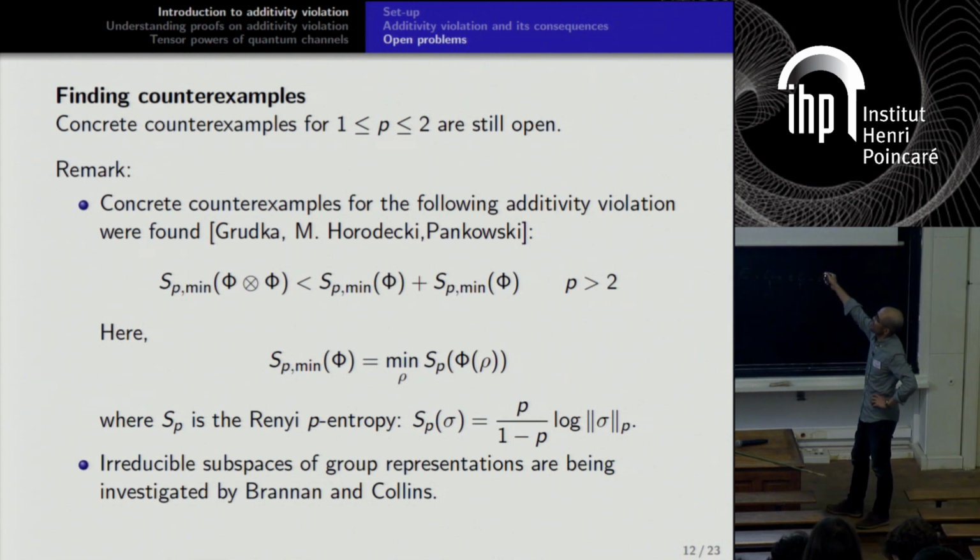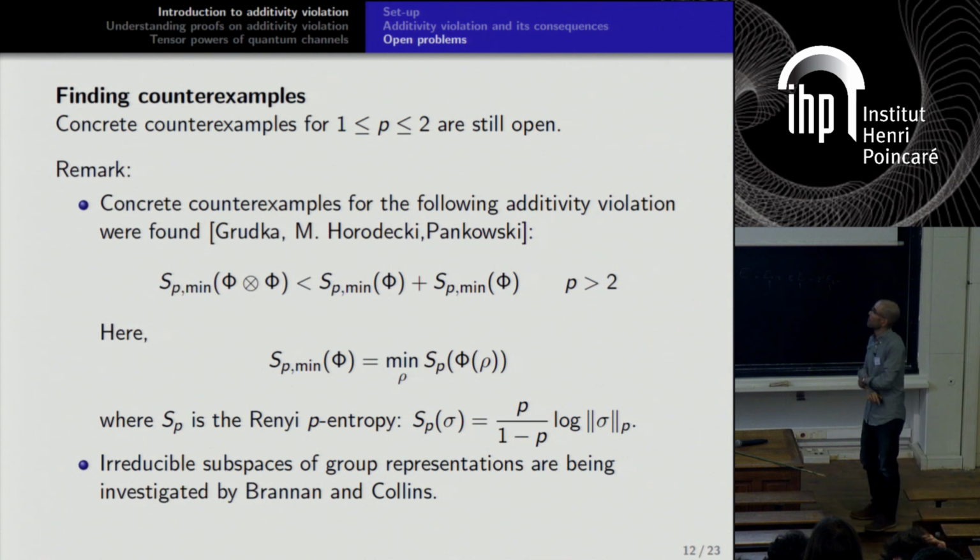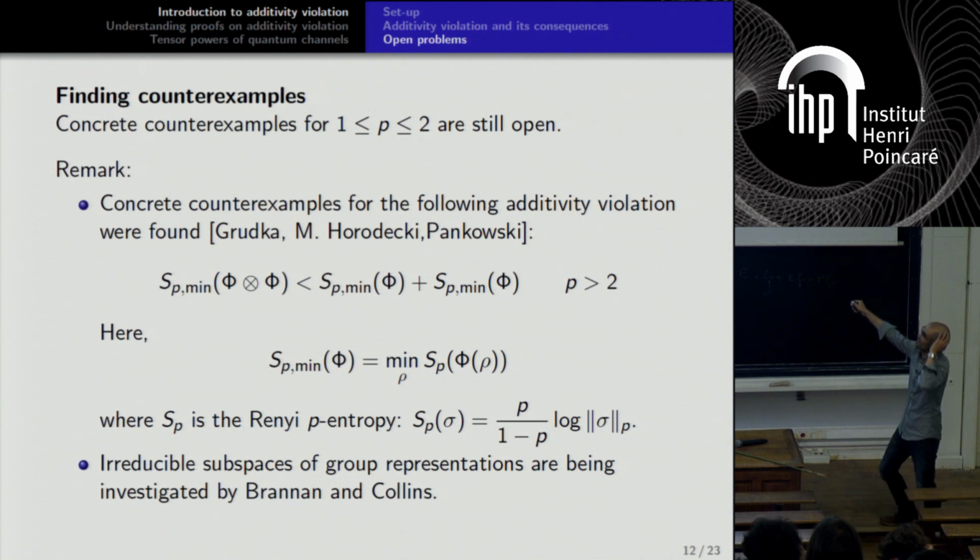So in this sense, we don't have counterexamples for p between 1 and 2, including 1 and 2. P equals 1 means entropy itself. Sorry, I wrote this question a bit generally. I should have mentioned that I talked about the additivity problem in terms of von Neumann entropy, but here we use Rényi entropy. Rényi entropy is written this way.